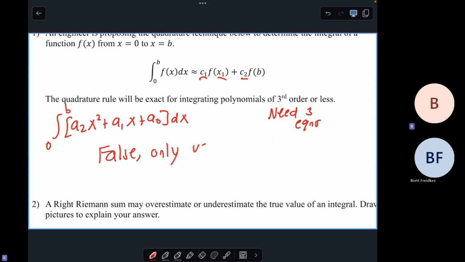Only exact for polynomials of order 2 or less.